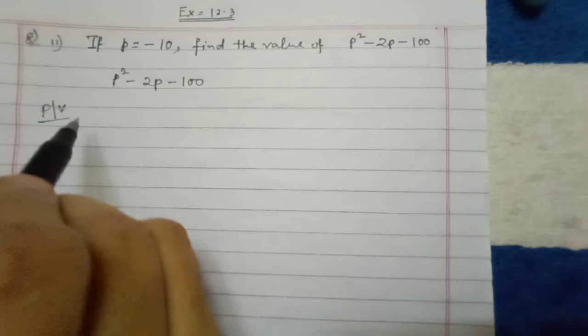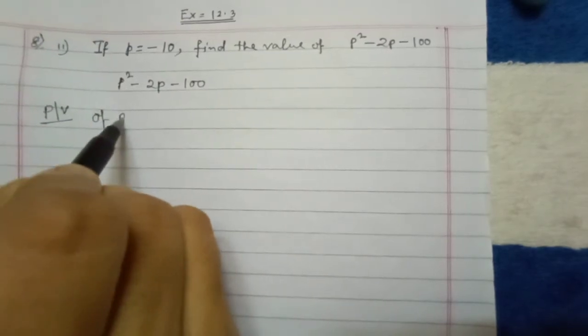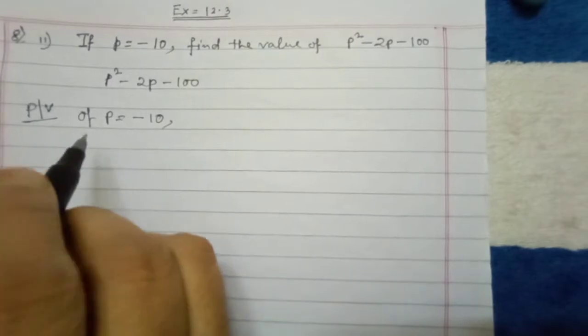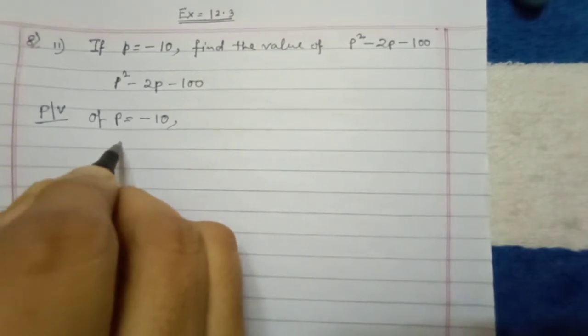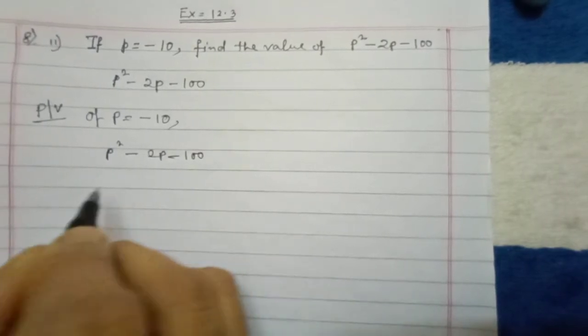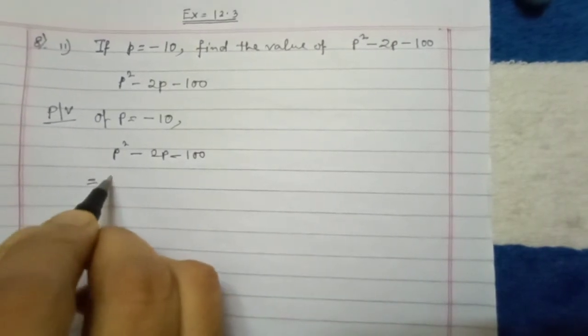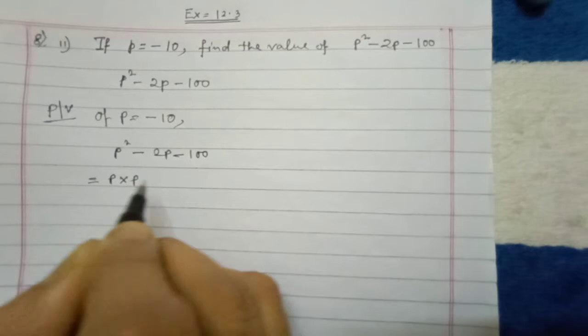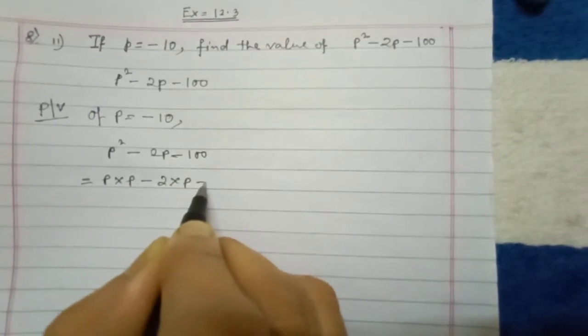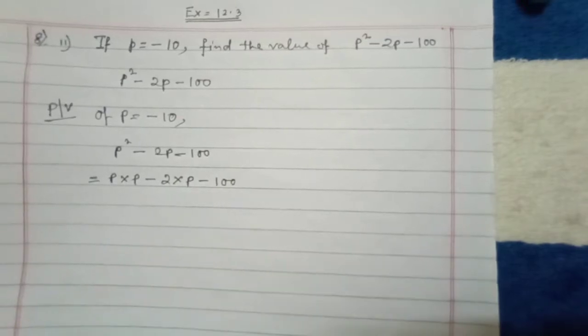Putting value of p is equal to minus 10, we get p square minus 2p minus 100. P square means p into p, minus 2 into p, minus 100.